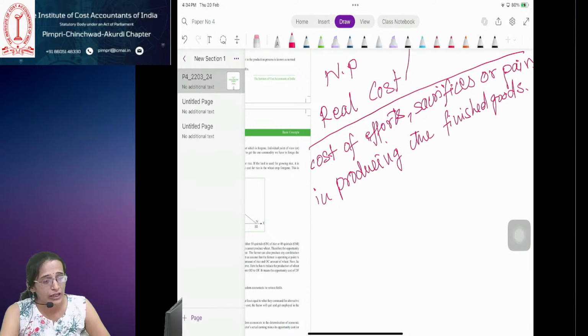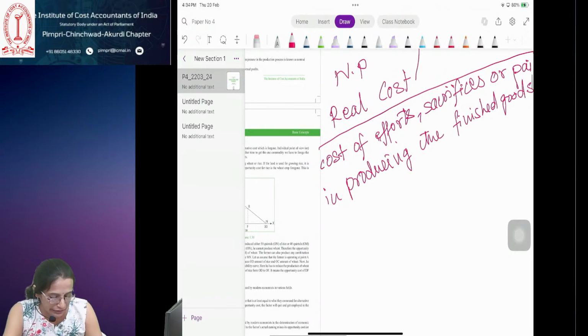Will it be more helpful to us? So it is not that helpful to us in economic terms, right? Because we are not able to measure it, we are not able to quantify it. If we are not able to quantify it, we are not able to analyze it, right? So that's the problem with real cost.